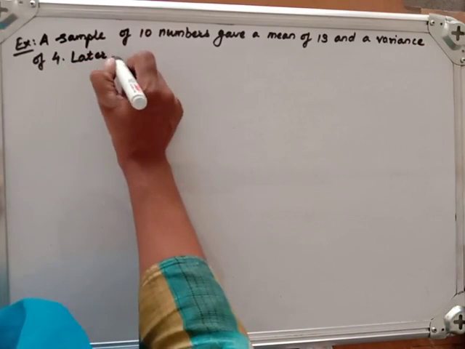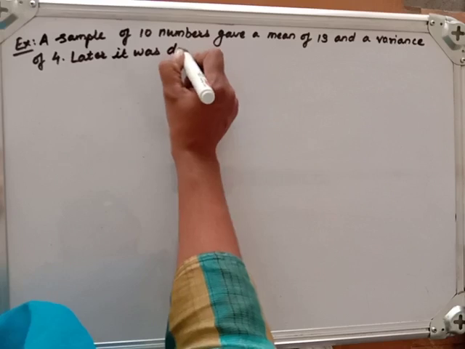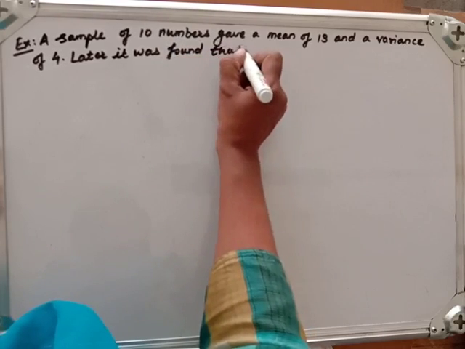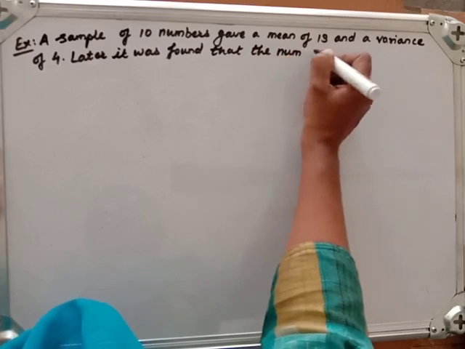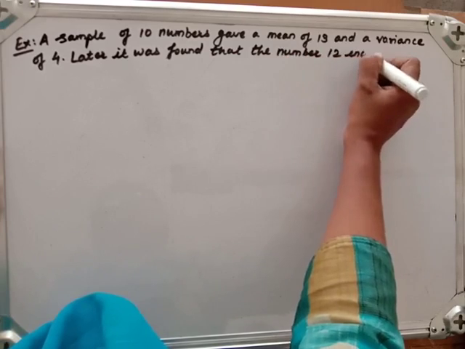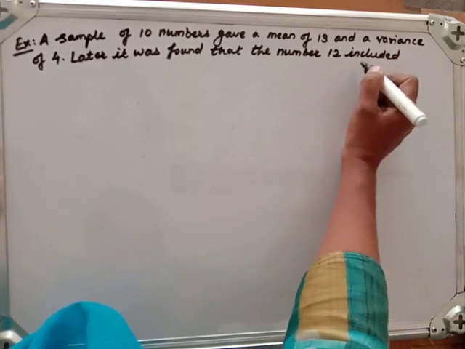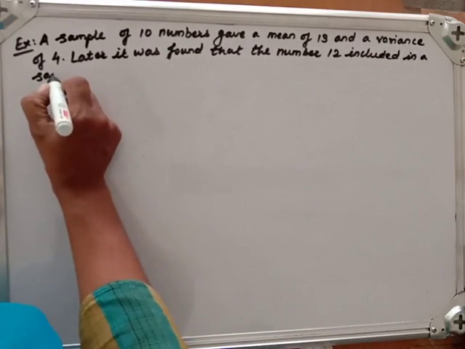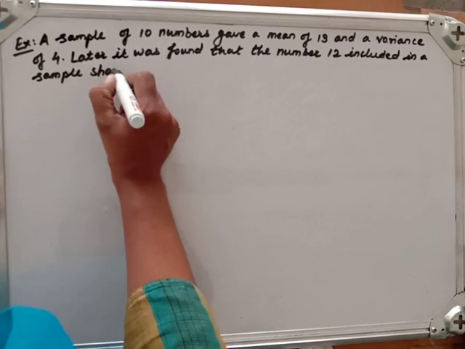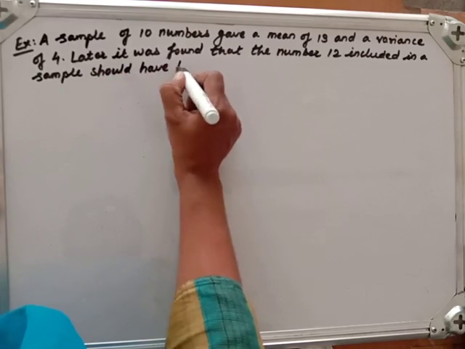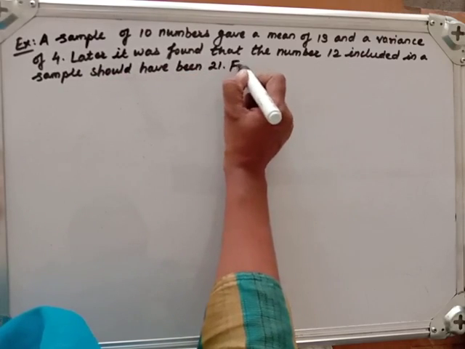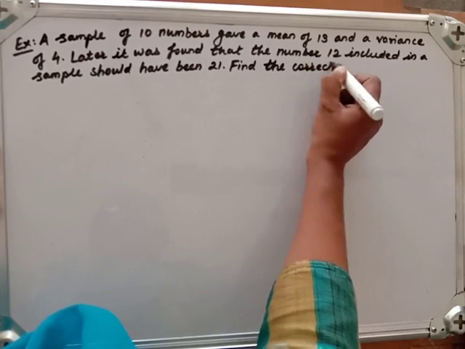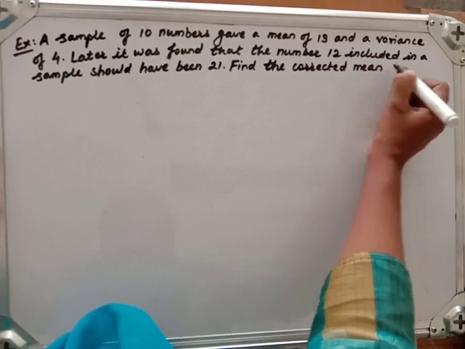Later, it was found that the number 12 included in the sample should have been 21. Find the corrected mean and variance.